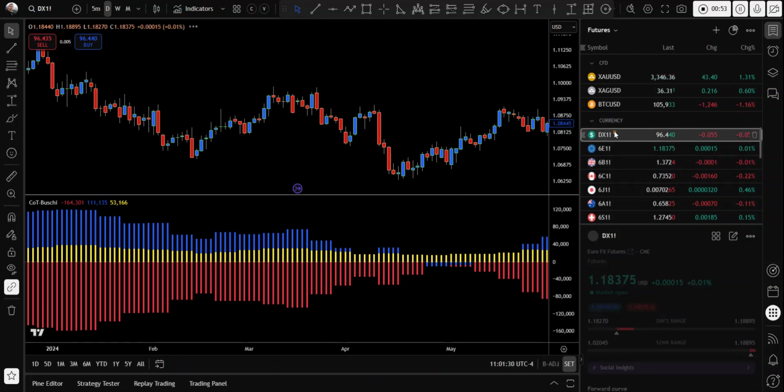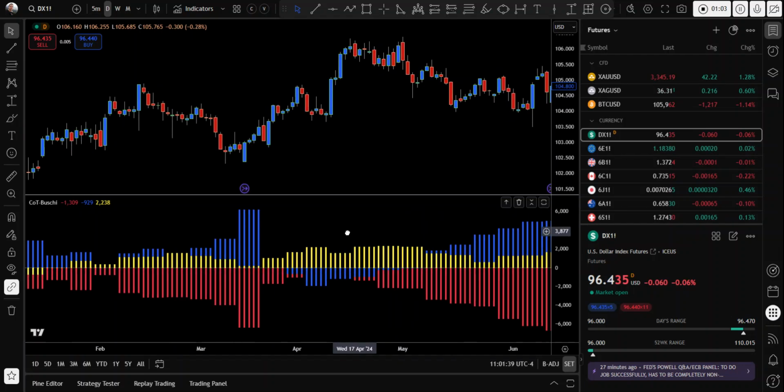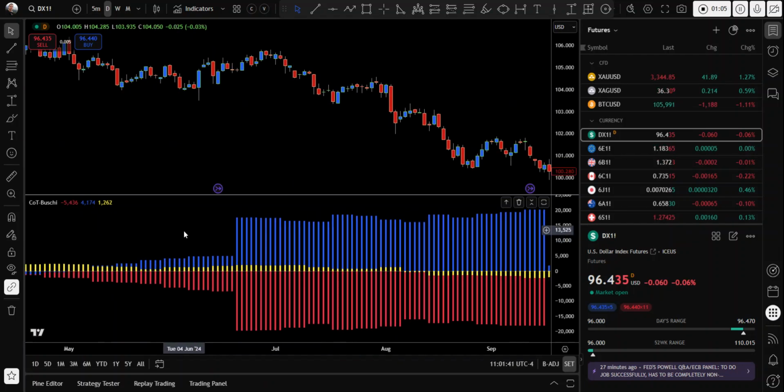But just to clarify for those who don't know, how do we get the net positioning? Remember, the report has three types of traders. You've got the commercial traders, which are the red ones, the non-commercial or large speculators, which are the blue ones, and then the non-reportable, or small specs, which are the yellow ones.